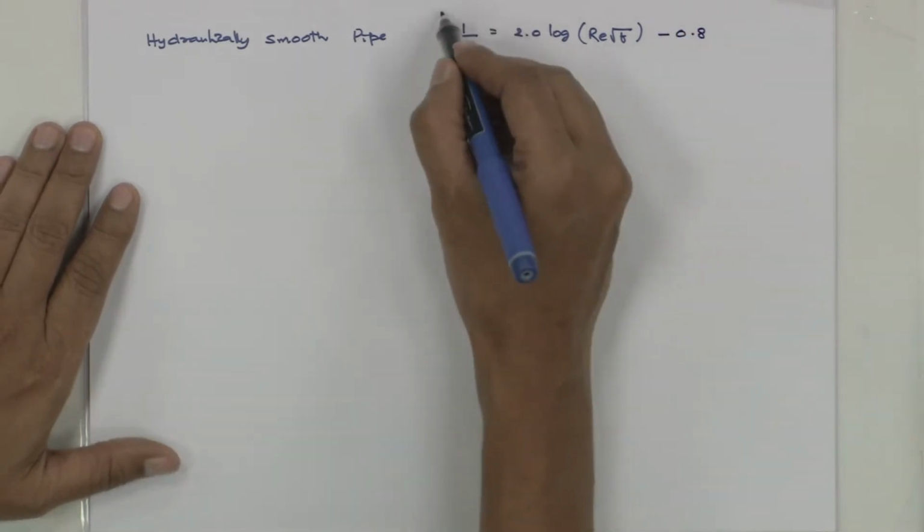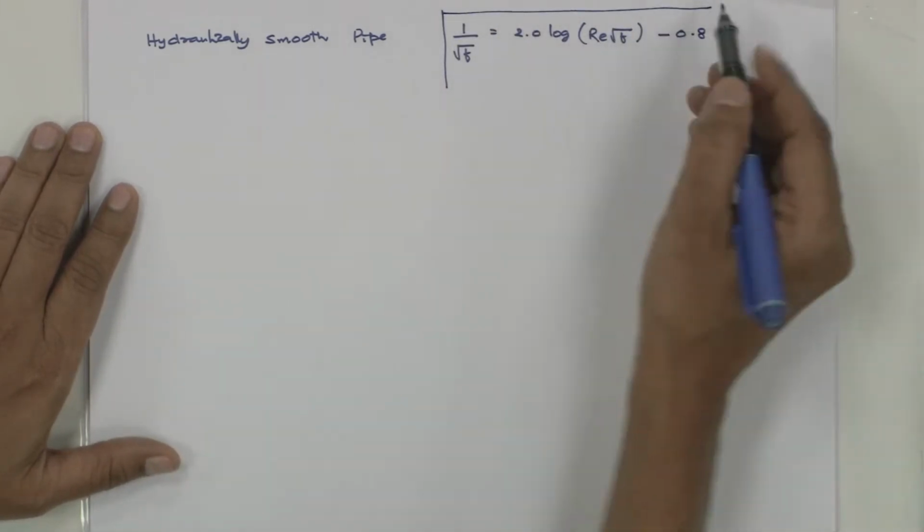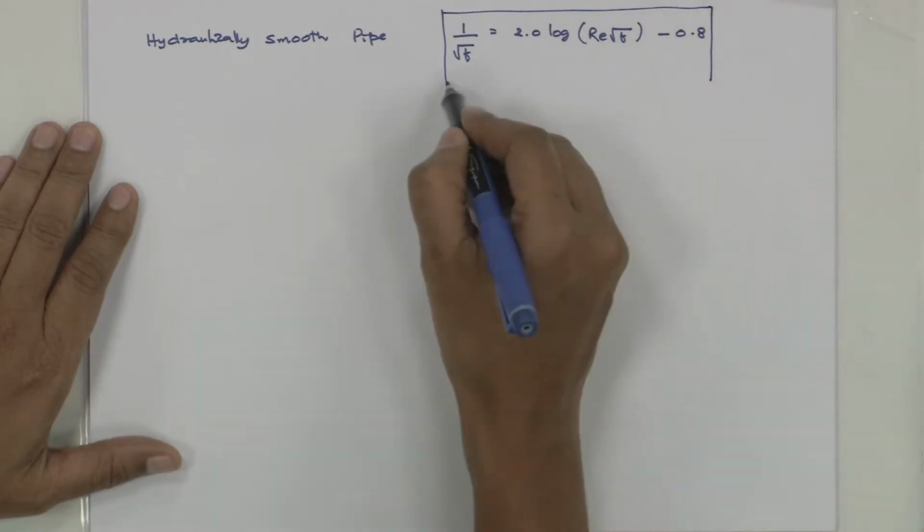This is what we derived, and we call this Prandtl's universal law of friction.